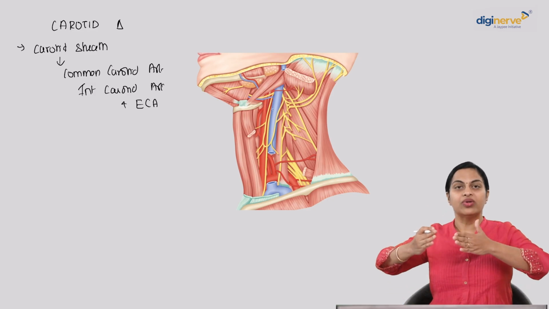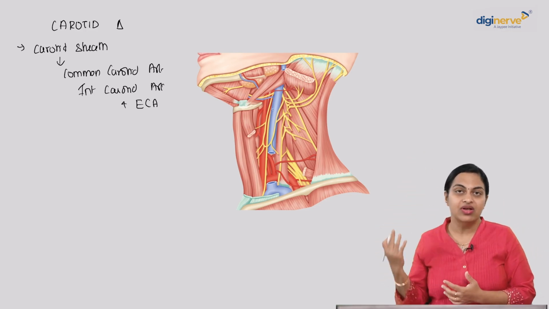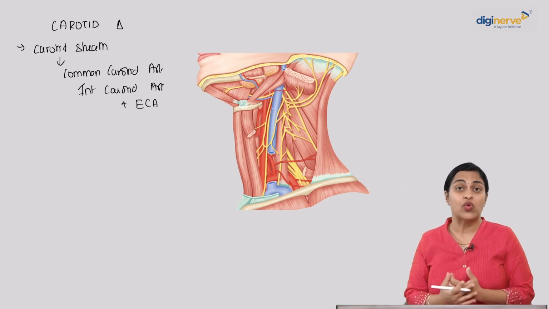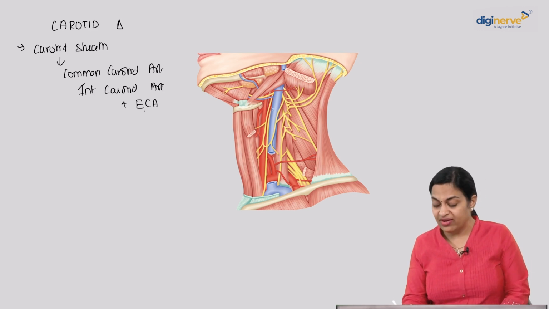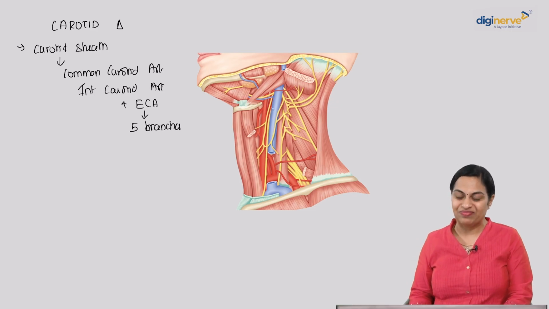So the common carotid and internal carotid will lie within the carotid sheath. The external carotid exits out, gives rise to 8 branches, and 5 branches of the external carotid are seen in the carotid triangle.